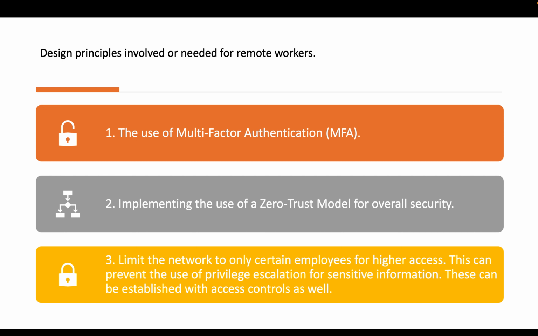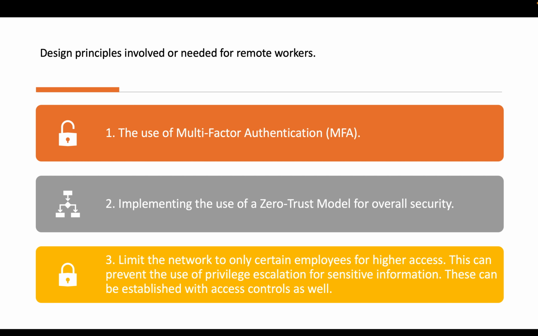Number 3, limiting the use of networks to only certain employees for higher access. This could prevent privilege escalation for sensitive information. It can be established with access controls. Pretty much what this means is that whenever you're connecting to a network, depending on your actual role within the company, you have to make sure that there's different permissions which are set.